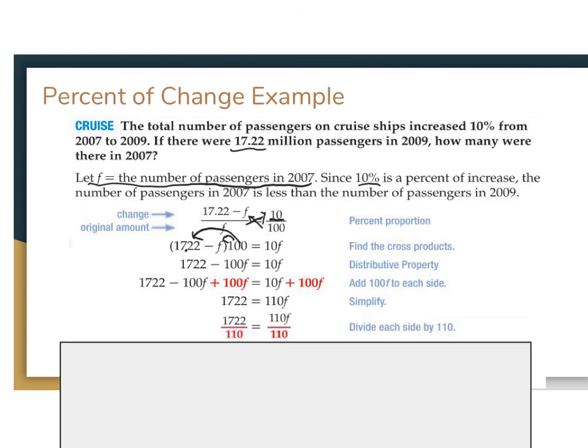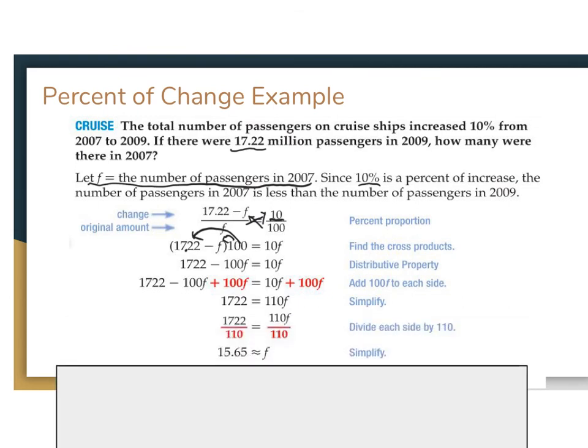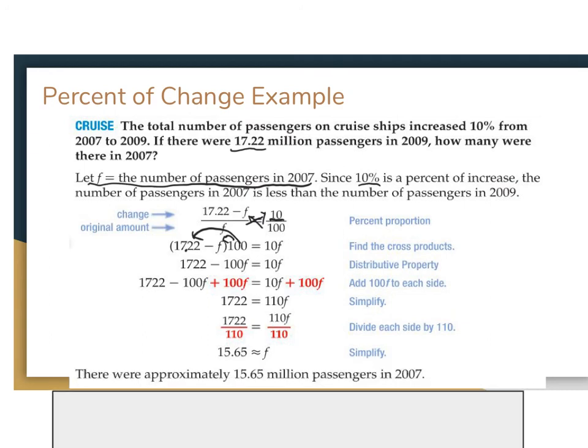We divide both sides by 110, and we see that there were 15.65 million people that were on cruise ships in 2007. So that is how you'd go about solving a percent of change example that has a variable in it.